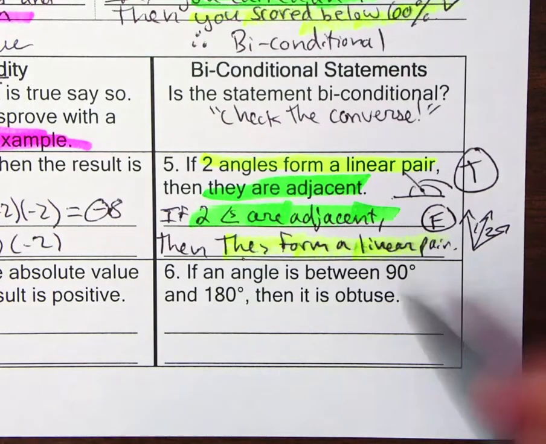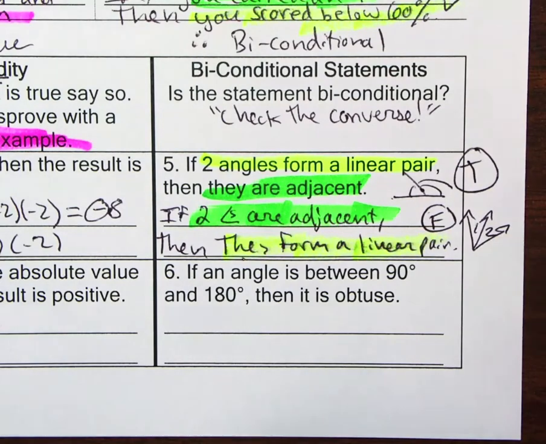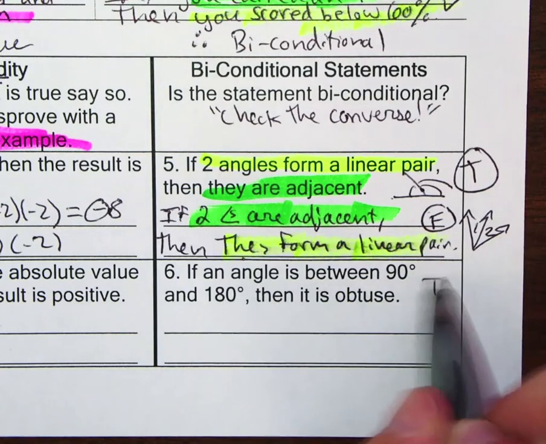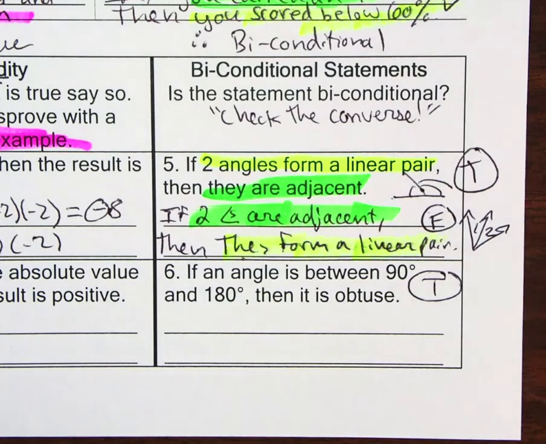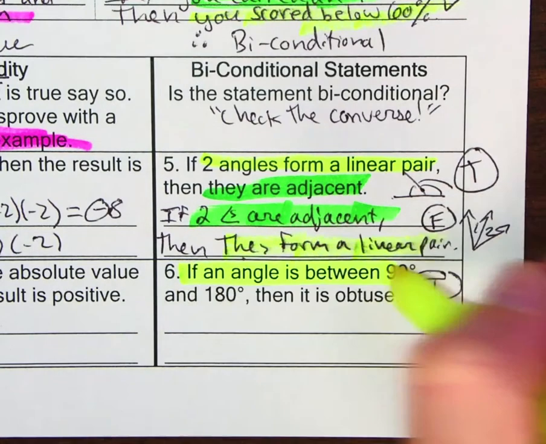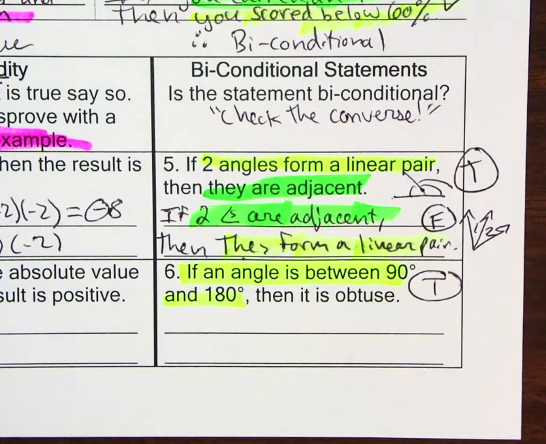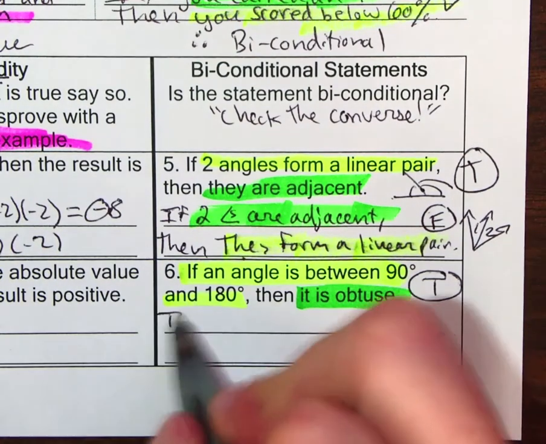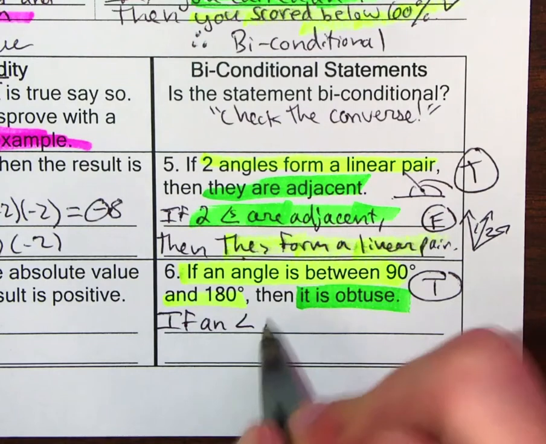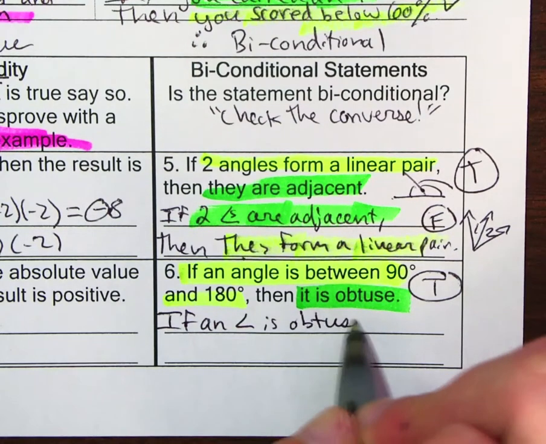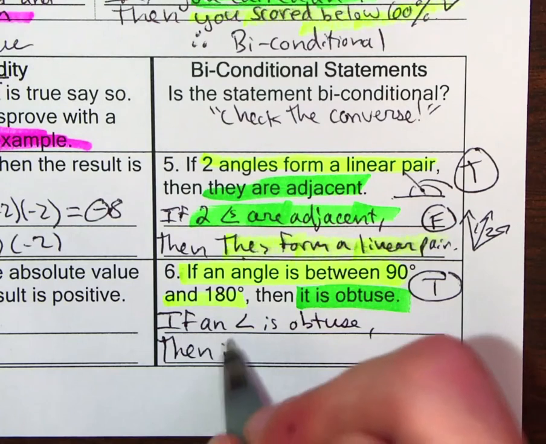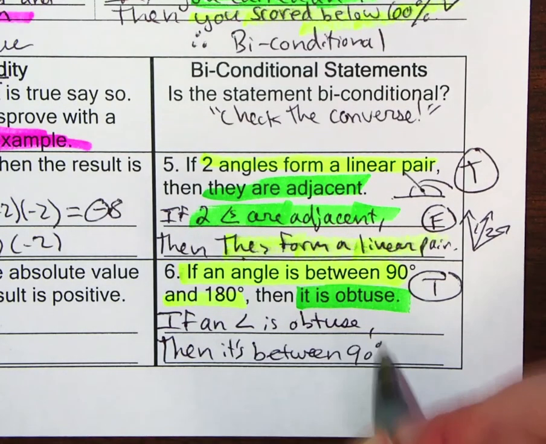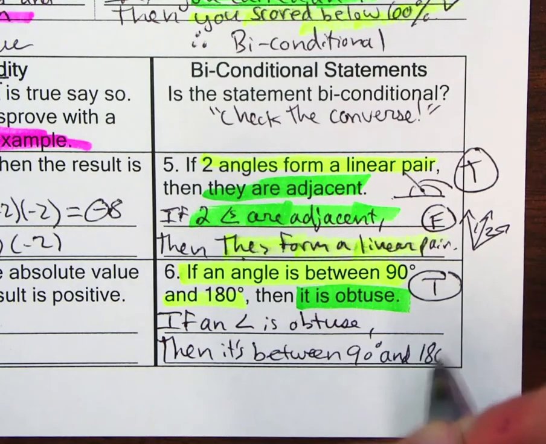You can hit pause and try the next one. Okay, here I go. If an angle is between 90 and 180, then it is obtuse. We know that's true. So let's go ahead again and switch the hypothesis and the conclusion. If an angle is obtuse, then it's between 90 degrees and 180 degrees.